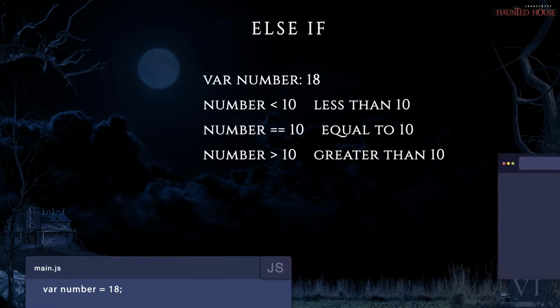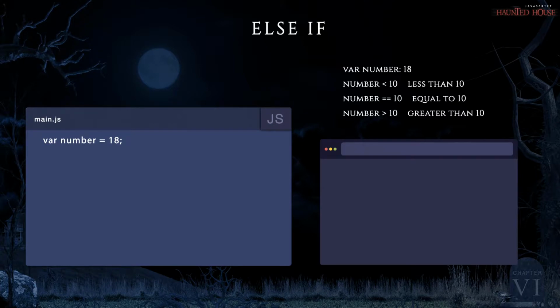Let's code. Let's type if with the first condition, checking if the value is less than 10. Our number variable has a value of 18, so this condition is false. And else if should be our next step, with the second condition. Now we're basically saying that if the first condition is false, try this.